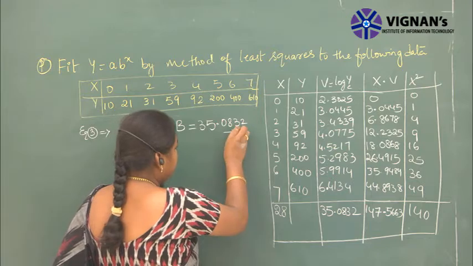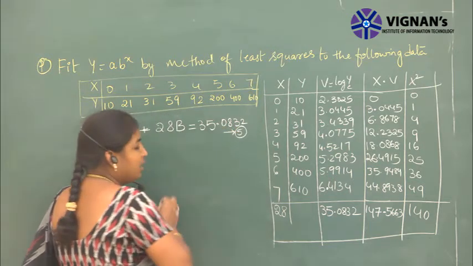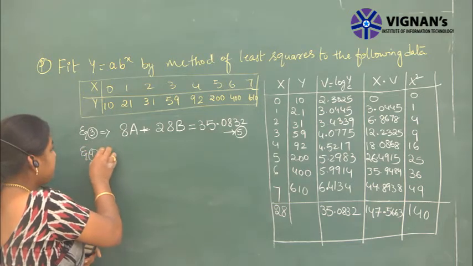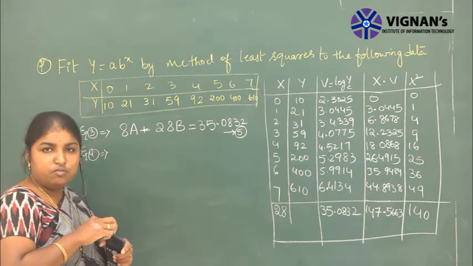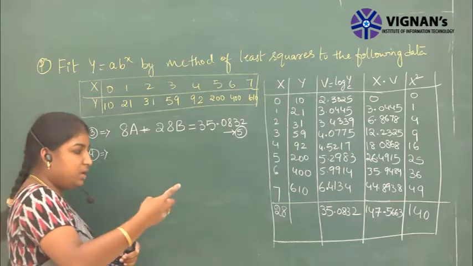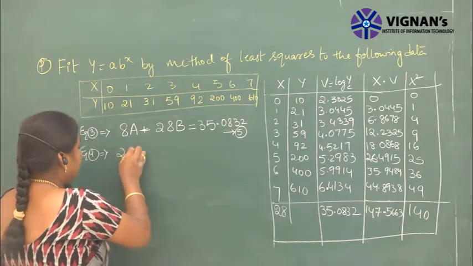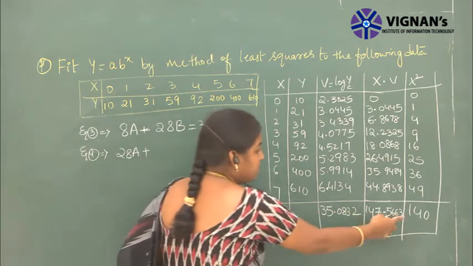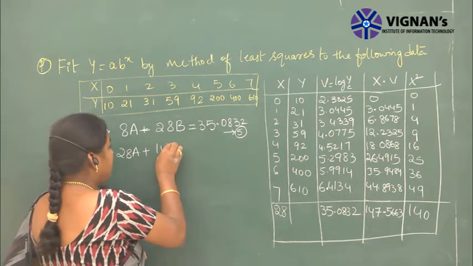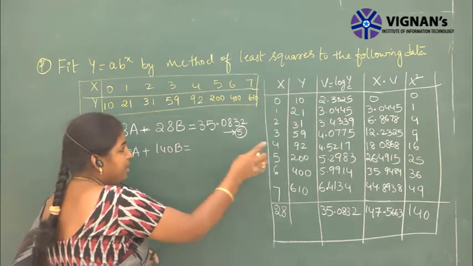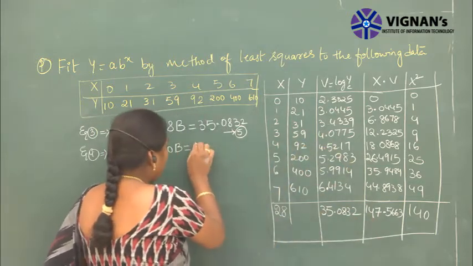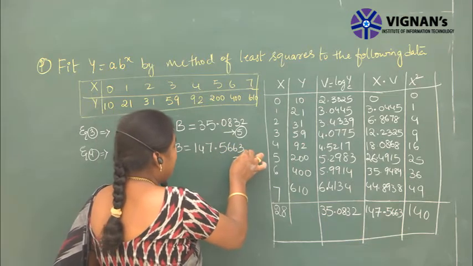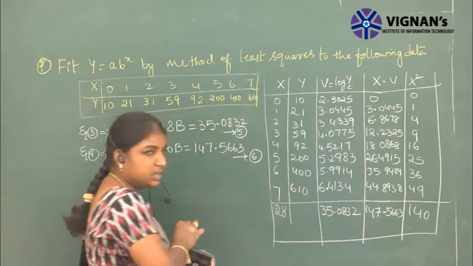Let this be equation 5. Next, equation 4 implies A summation X, that is 28A, plus B summation X square, that is 140B, equals summation Xi into Vi, 147.5663. Let this be equation 6.